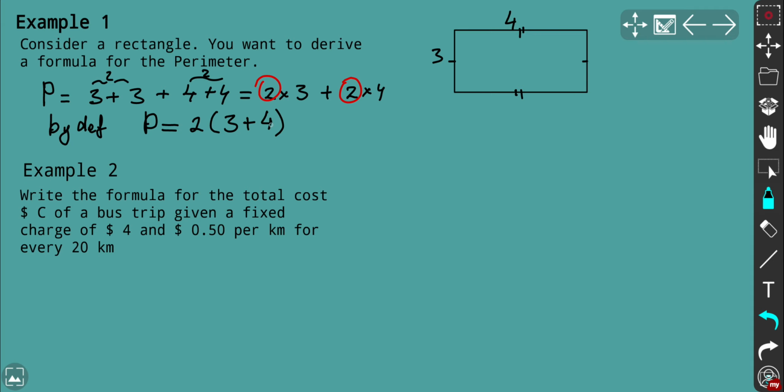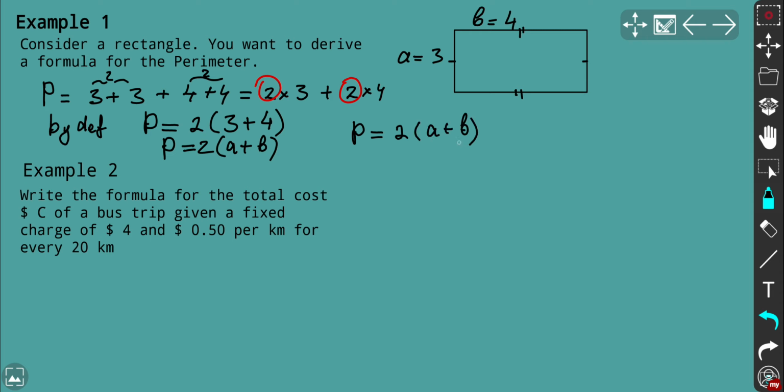In general, if you say that's a and that's b, then instead of 3 and 4 you will use general parameters like a and b. By generalizing, you can say that in brackets we have a plus b, and 2 stays the same, so you multiply 2 by the sum of two sides, which are the width and the length of the rectangle. So the general formula here is 2(a plus b).